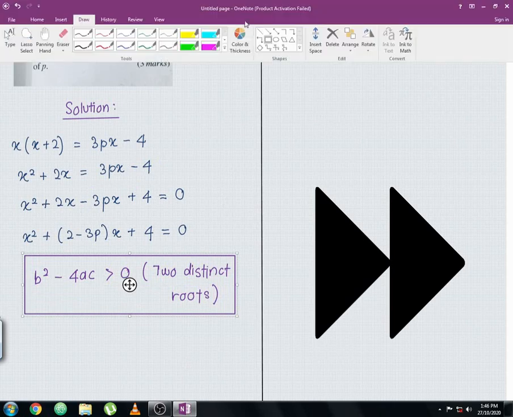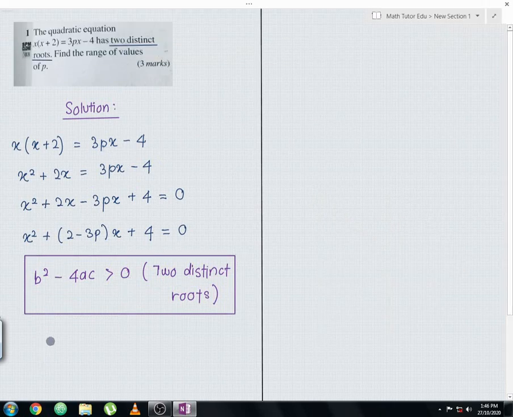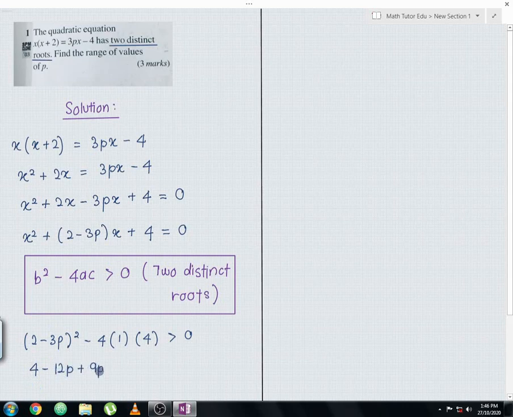Okay, let us continue. So from here, (2 - 3p) squared - 4(1)(4) > 0. Okay, so this (2 - 3p) squared we're going to expand. So from here you should get 4 - 12p + 9p squared.